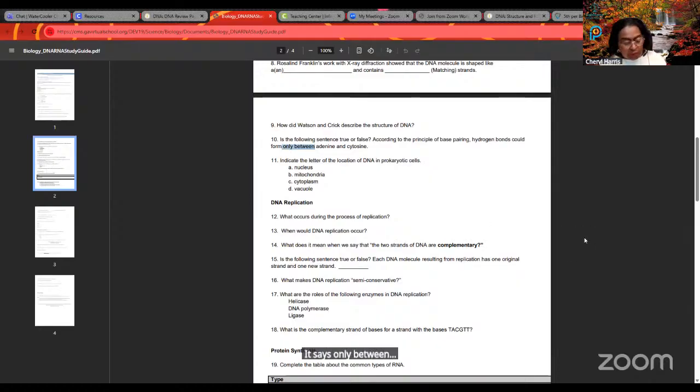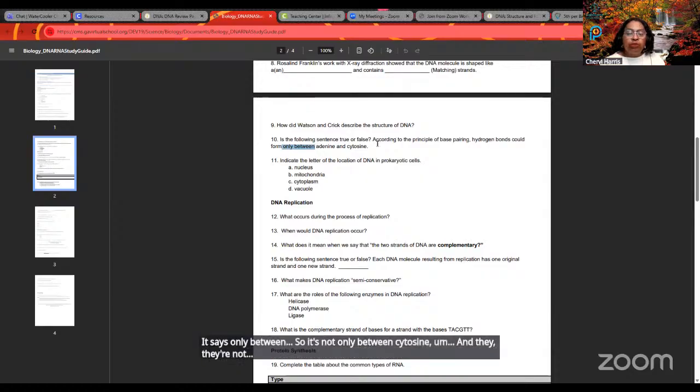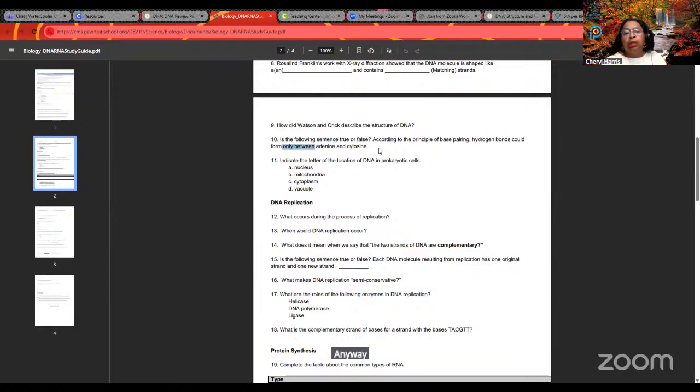So it's not only between adenine and cytosine. A goes with T, so that would be wrong in that sense anyway. Okay. Hydrogen bonds hold those little dotted lines that we had on our diagram, holding together our A and our T and our G and our C.